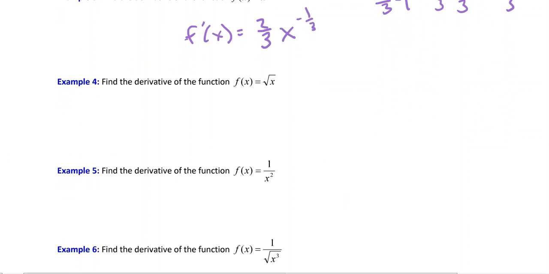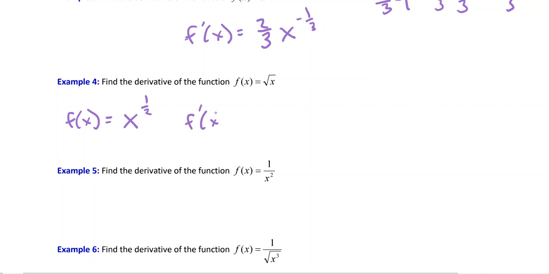In the next example, we have a square root, a radical. The first thing that we want to do when we have radicals is change the radical into a rational exponent. So the square root of x would become x to the 1/2 power. Now we can apply the power rule.